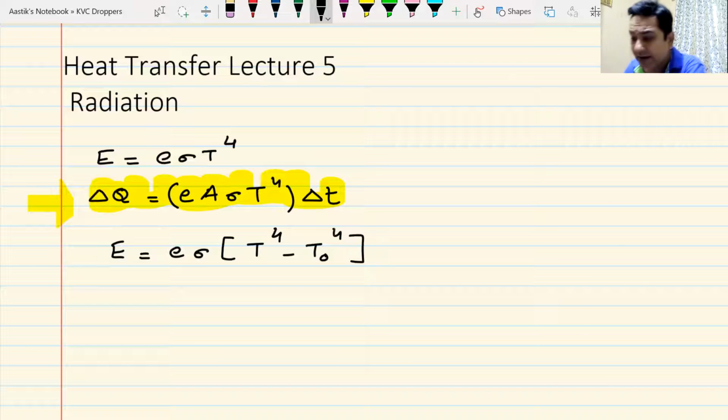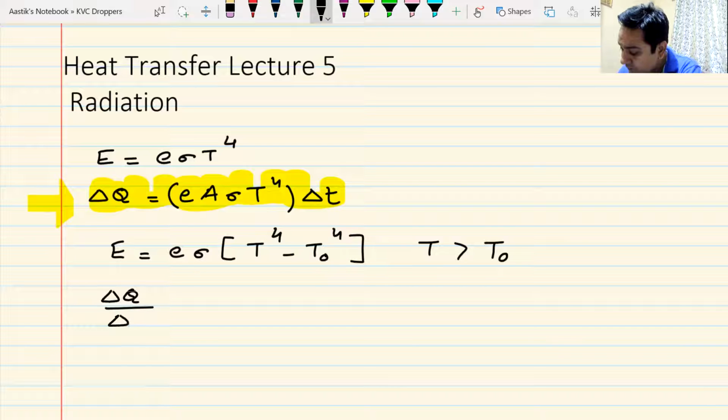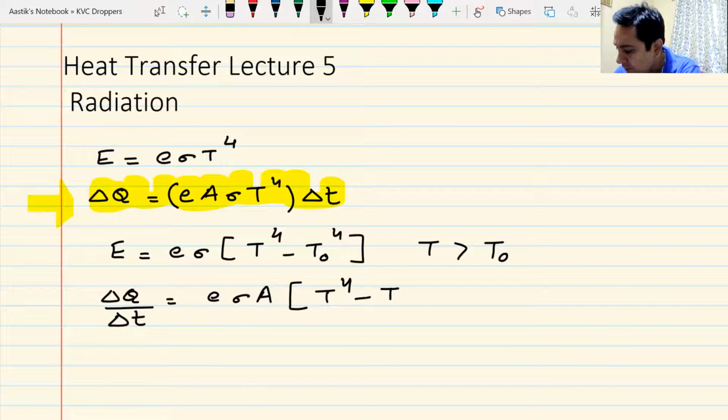Here I have assumed that T, the temperature of the body, is greater than T naught, the surrounding temperature. If I convert this into the rate of loss of heat, delta Q by delta T, it becomes E sigma A, T raised to the power 4 minus T naught raised to the power 4.